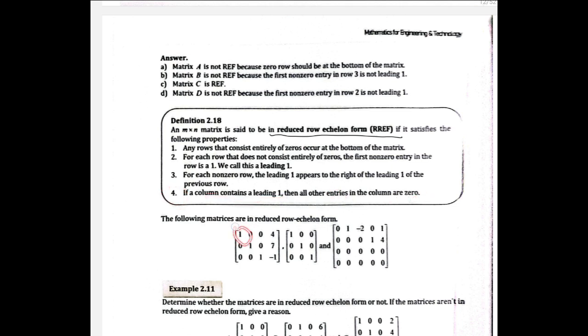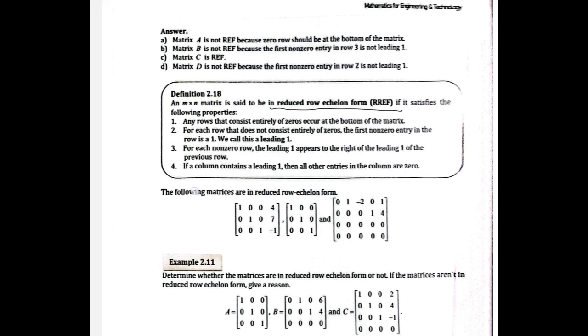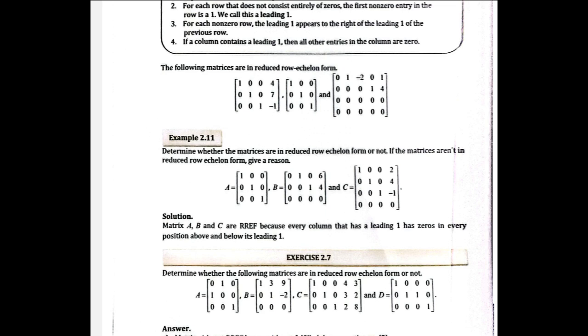So we have the leading one. Look at the column of the leading one. It should contain 0, so 1 and 0 only. Let's check the example of REF. Basically it is REF in the first place. Now let's look at the example to determine RREF.